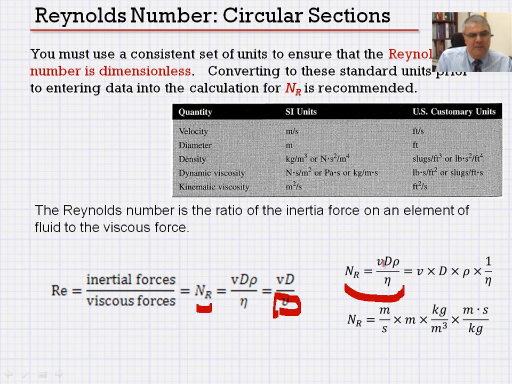N sub R is V D rho divided by nu, and as you can see, if you express them in the units that are appropriate, for example, velocity in meter per second, diameter in meter, density in kilogram per cubic meter, the dynamic viscosity is also shown here.